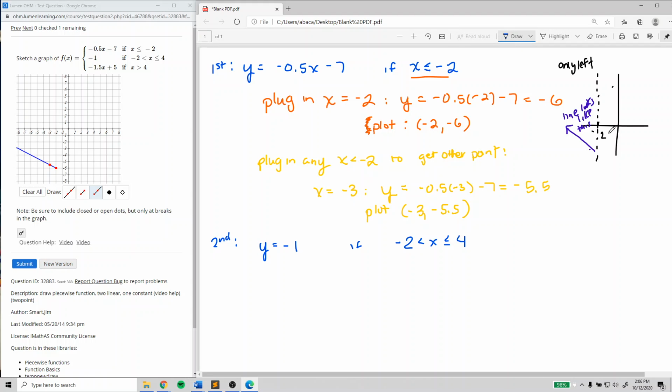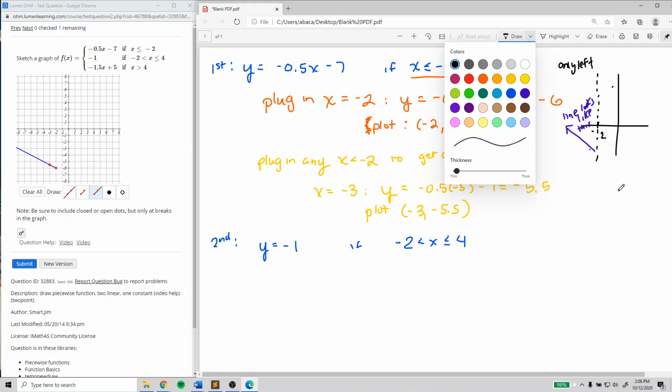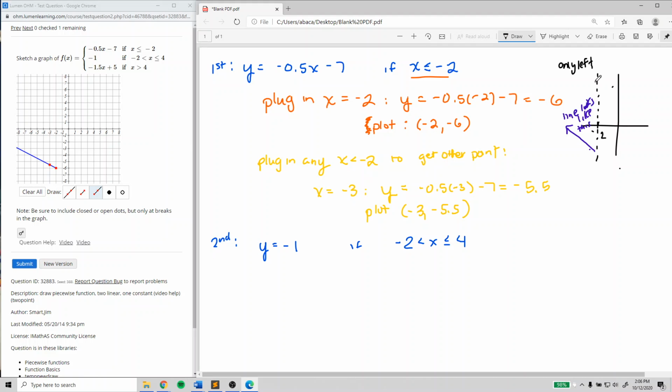Now when we graph this, we also have to think about the graphing tool right away. It's going to be stuck between x is negative 2, so it's going to start here somewhere, and it's going to end at x equals 4. So when we graph the next one, it's going to stop both ways, which means the line tool we have to use for the middle part is this one, the one that has just a line segment.